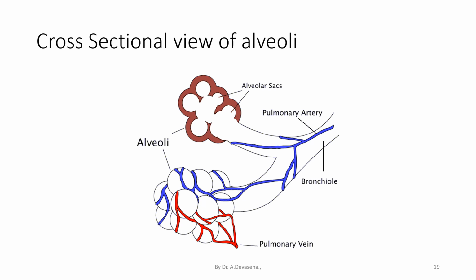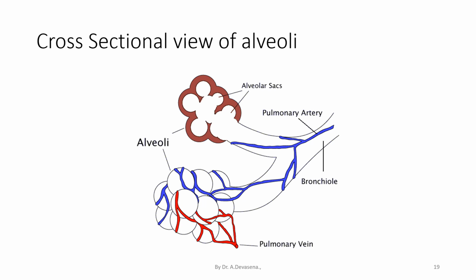Here we have the pulmonary artery, which carries impure blood from the heart. The blood gets purified in the lungs through gas exchange, where the carbon dioxide present in the impure blood gets exchanged in the lungs, and oxygen that is present in the lungs gets transferred to the blood.